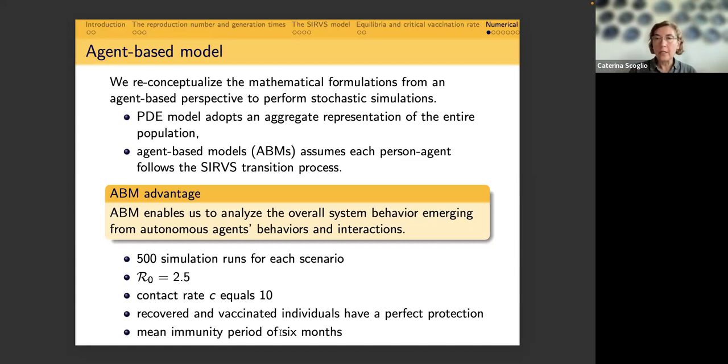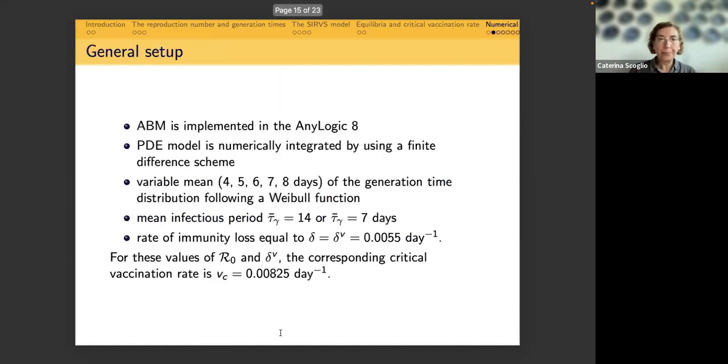COVID-type epidemic. The general setup for the ABM is that it was implemented through software called AnyLogic 8. We also had results from solving the partial differential equation model, numerically integrated by using a finite differences scheme.